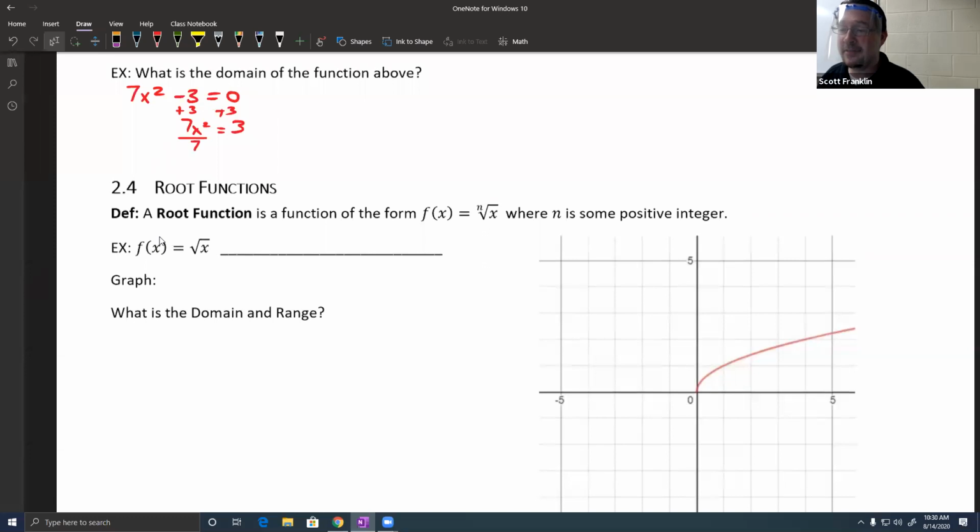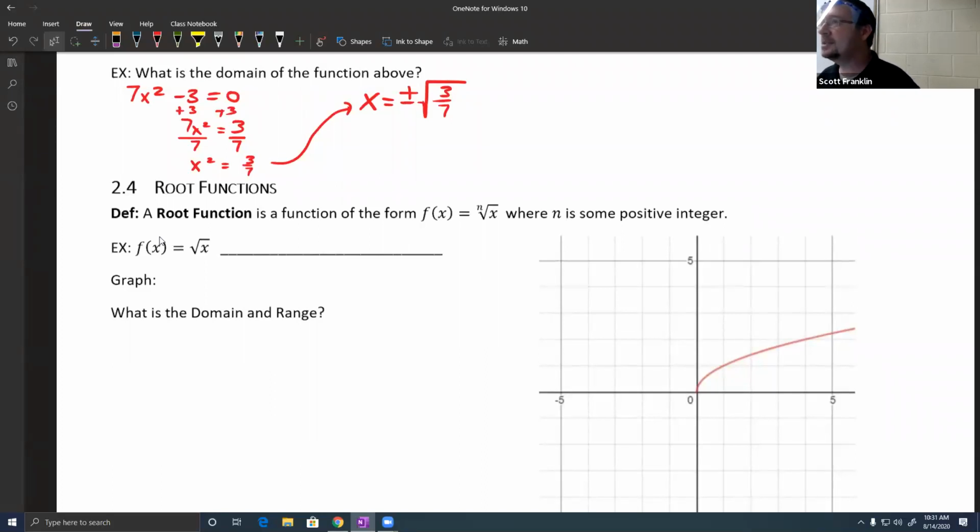You can divide 7 off both sides, and you get x squared is equal to 3/7. Then you take the square root, but there's a rule you have to remember when you take the square root of both sides. You have to include plus or minus, because both values squared give you that 3/7. So x is plus or minus the square root of 3/7.